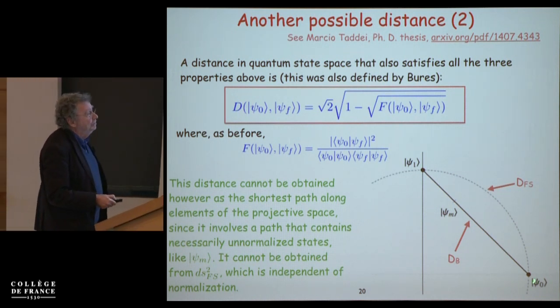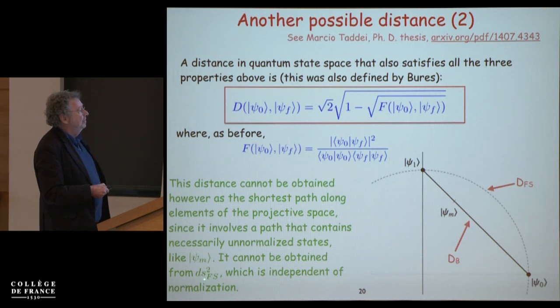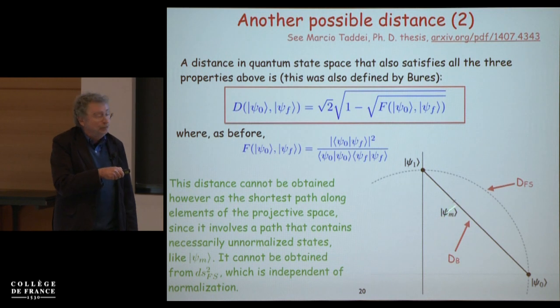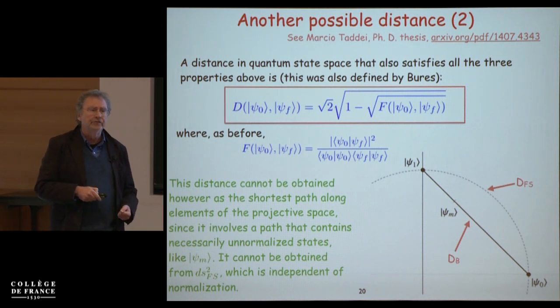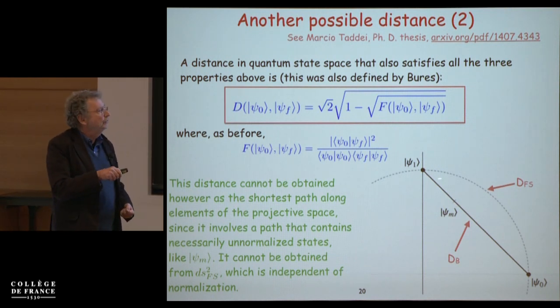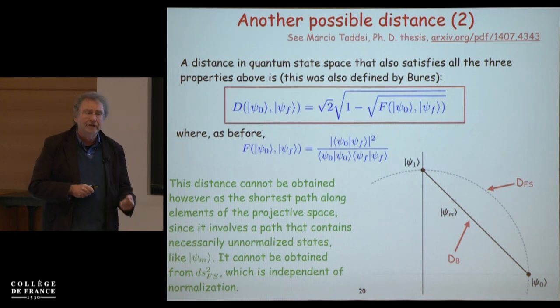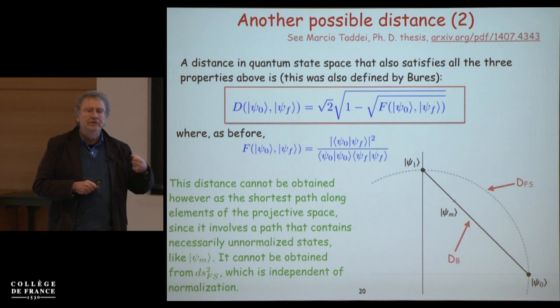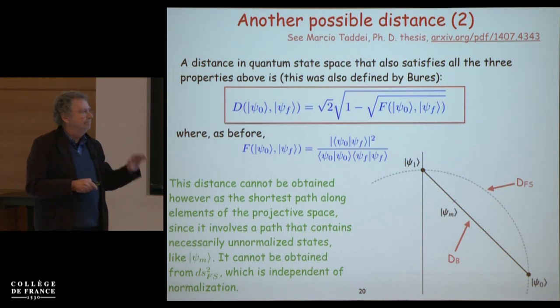Also, of course, it cannot be obtained from the Fubini-Study metric because this is independent of normalization. And here you have to deal necessarily with unnormalized states. Okay? So we are going to use this metric here because we want to talk about geodesics in state space. Okay?